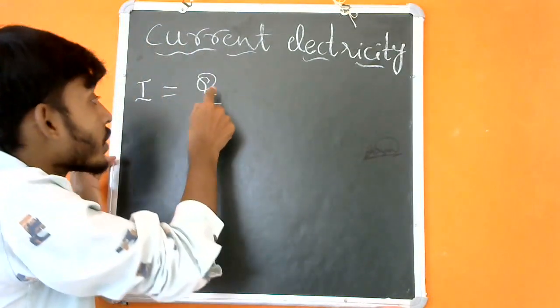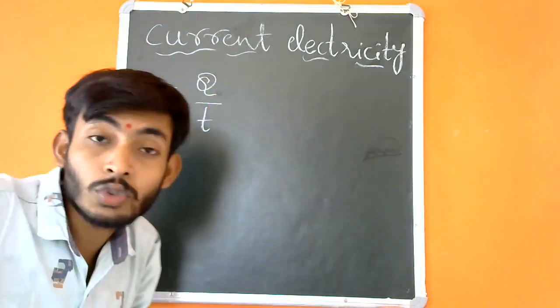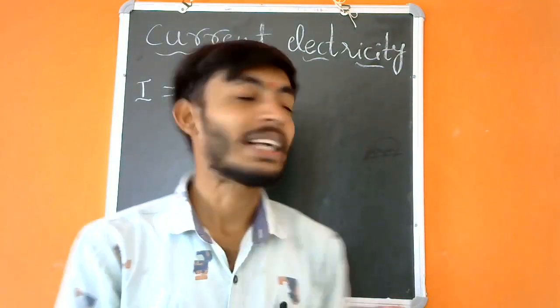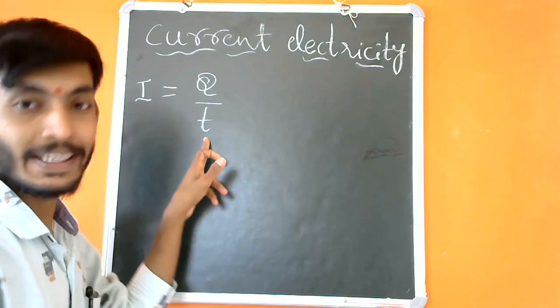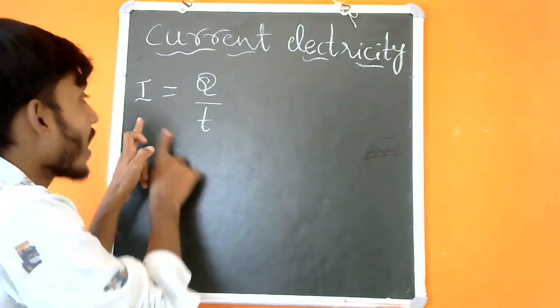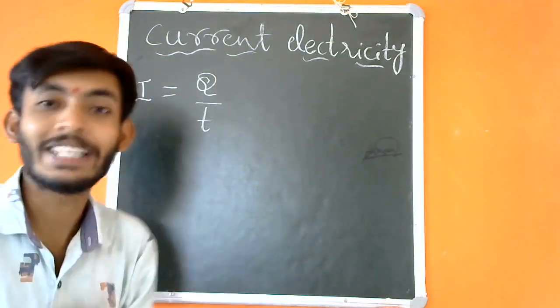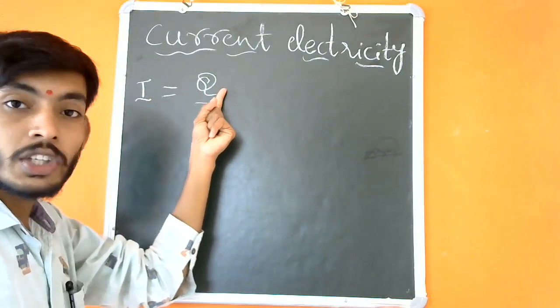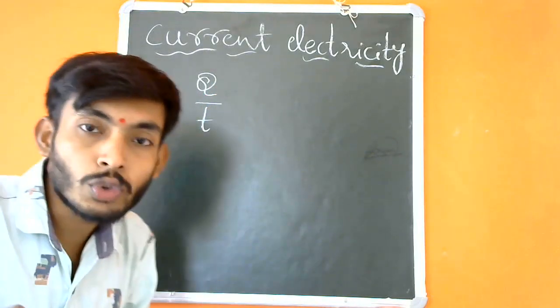If the charge q flows through the cross section of a conductor in time t, it can be written as I is equal to q by t.